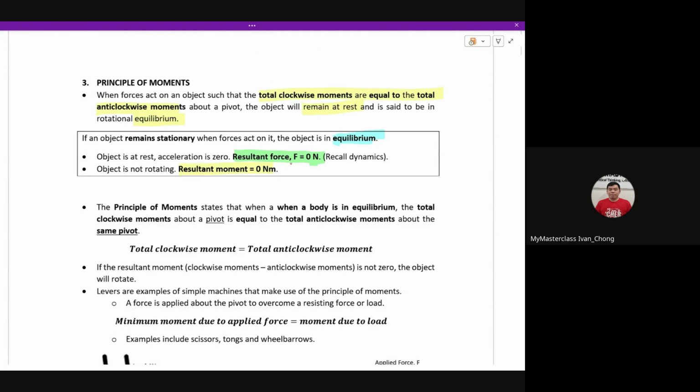So make sure that when the object is stationary or in equilibrium itself, what you can say is up equals to down, or left equals to your right. Correct? This is your resultant force, right? Newton's first law. And we also make use of this where your clockwise and your anti-clockwise moment is the same. Clockwise moment, anti-clockwise moment, they are the same. They are balanced. If you are stationary, if you are in equilibrium.